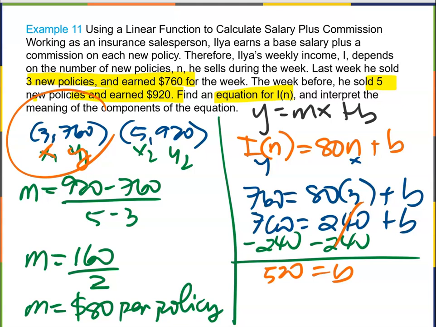Now we can write our final equation. I of n is equal to 80n plus 520.